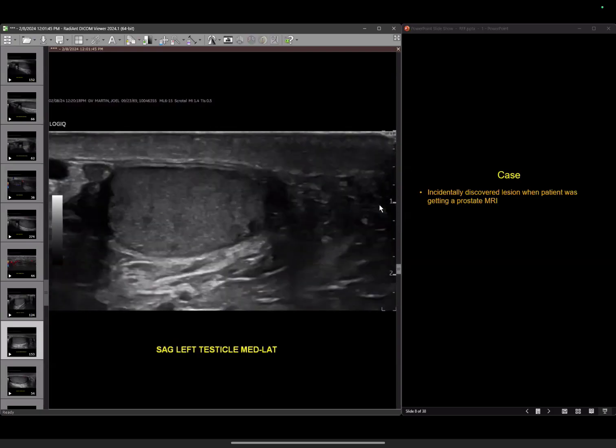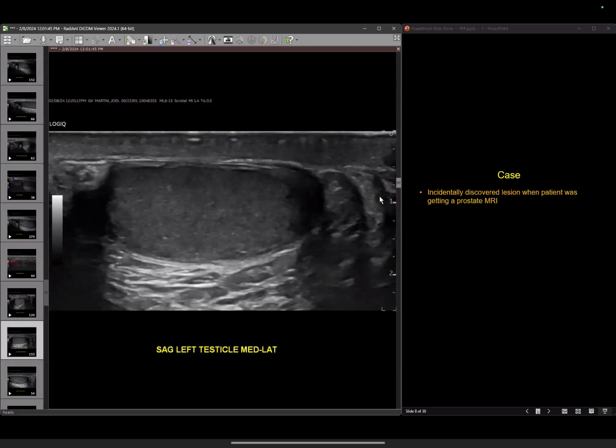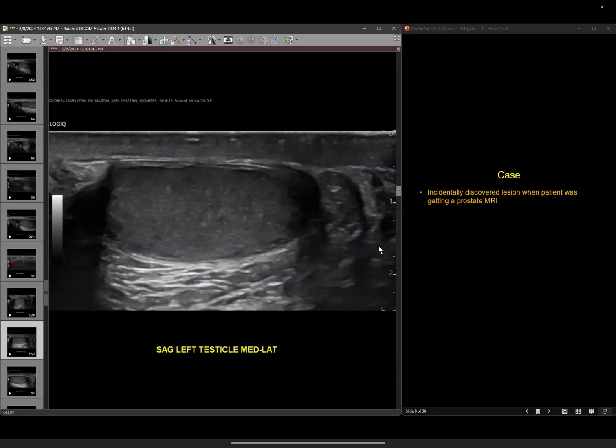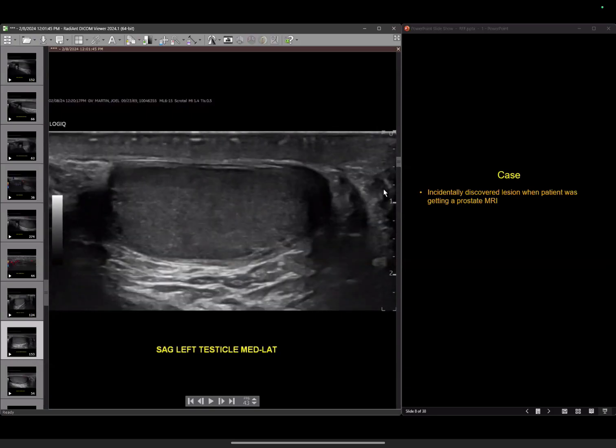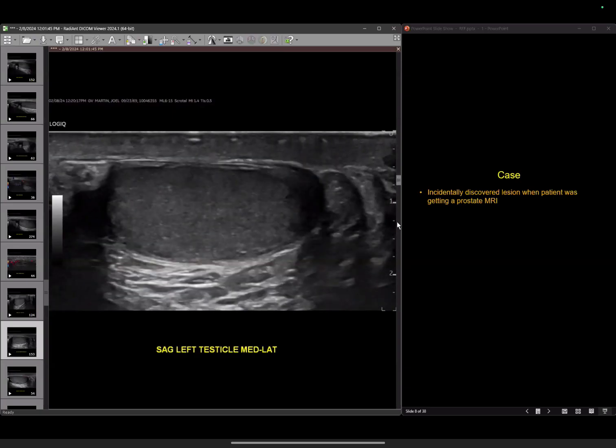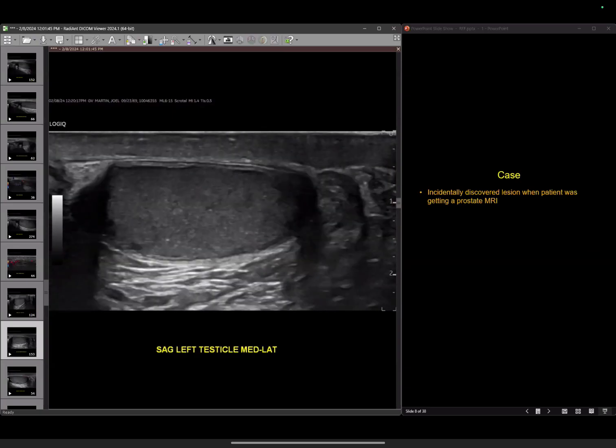As men grow older, their testosterone drops, and the body tries to overcome that, and one of the ways it can do that is to enlarge these cells, so they get hyperplasia of the Leydig cells, and they can appear as these multifocal, typically less than 6 millimeter hypoechoic lesions that are scattered throughout the testis bilaterally.